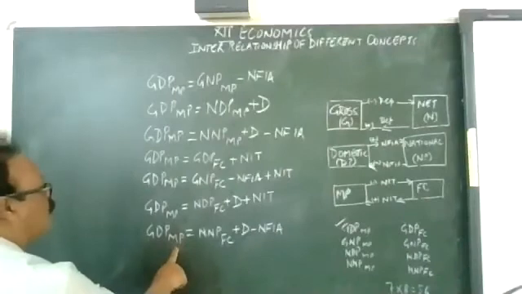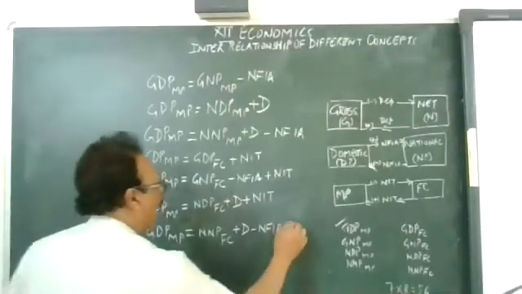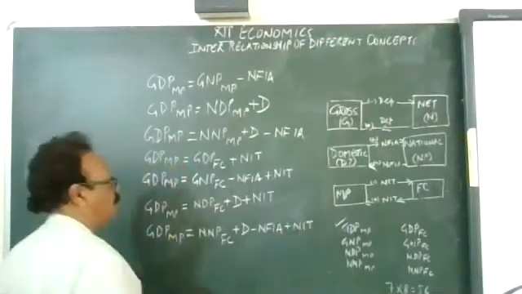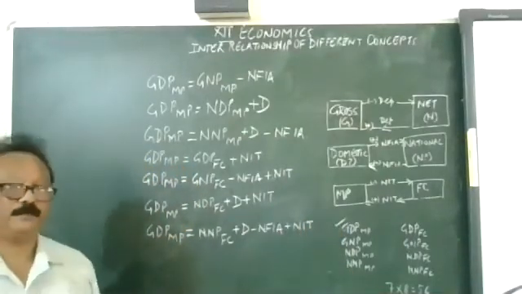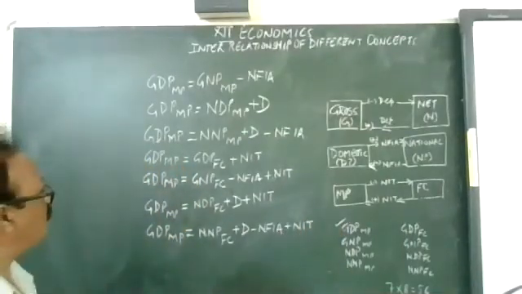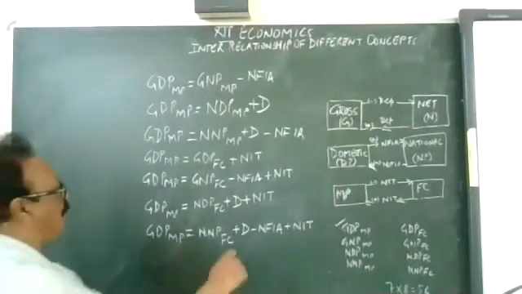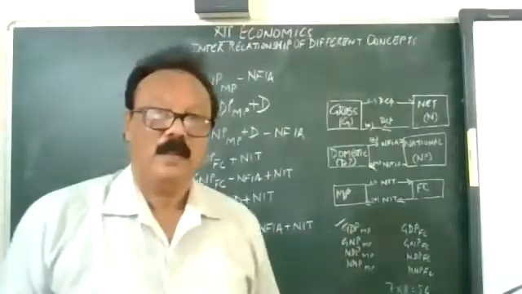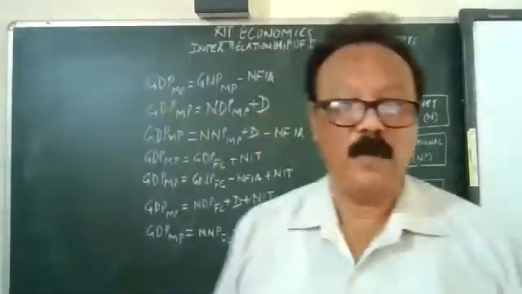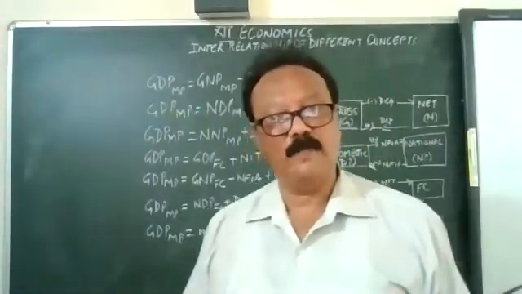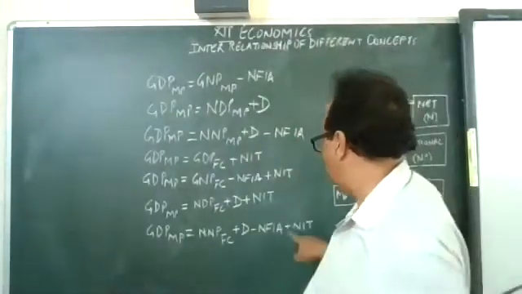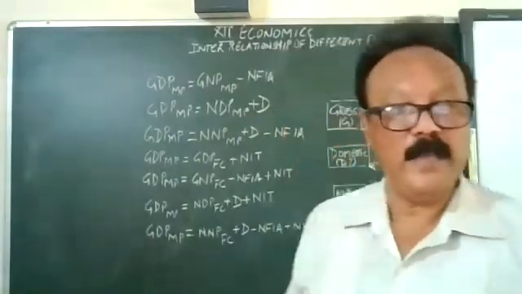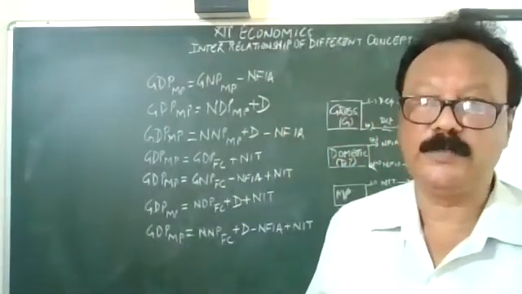Factor cost to market price, plus NIT. This is your formula. Now you realize NFIA comes here. What is the formula for calculating NFIA? Factor income from abroad minus factor income to abroad. NIT, net indirect taxes, would be indirect taxes minus subsidies.